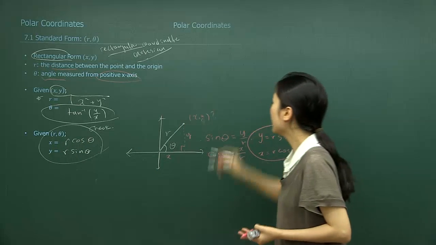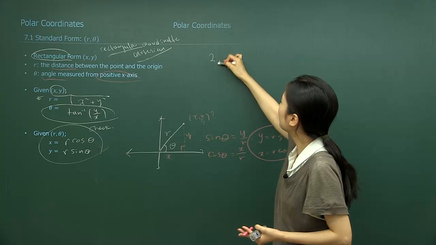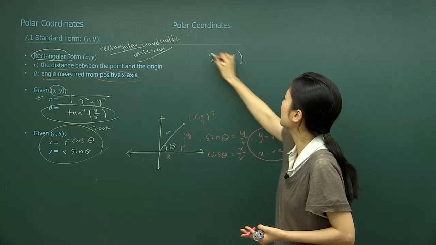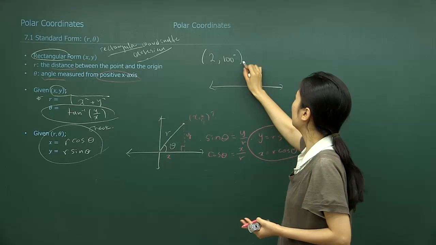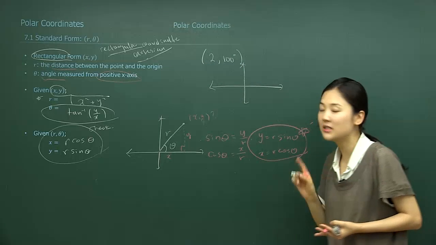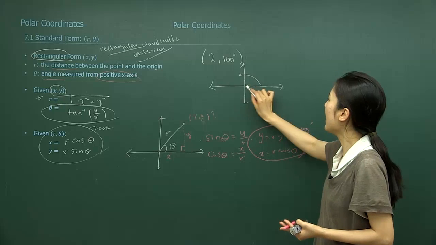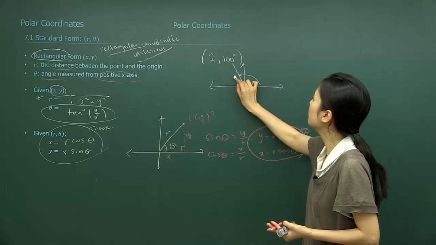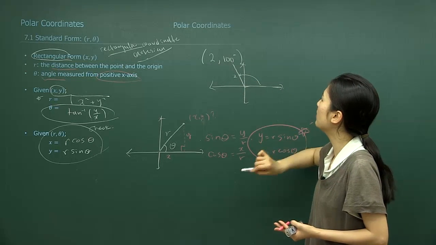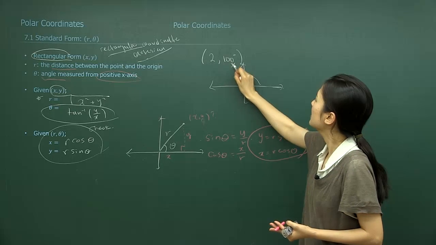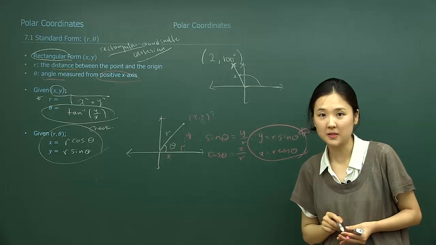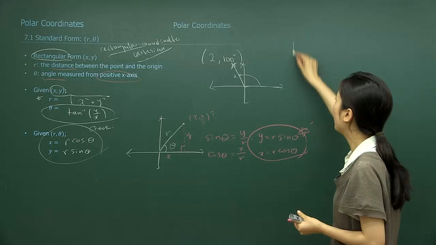How do we plot them? Again, so if you're given 2, 100 degrees, for example, all you have to do is go 100 degrees from where? From positive x-axis, right? And mark a point 2 distance away from the origin. So this is where 2, 100 degrees is. Okay, just one more.